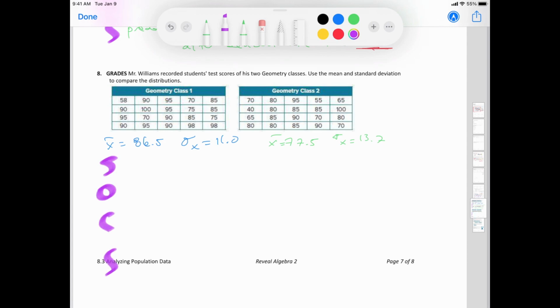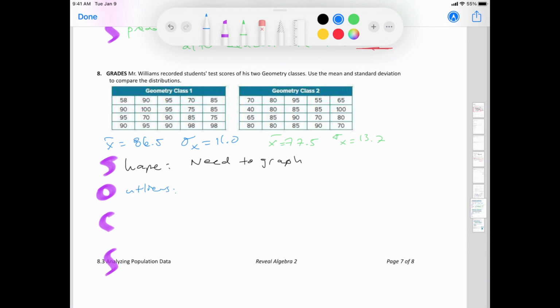Okay, this one we don't have for our shape. You can get a dot plot. I haven't taught you that yet, but for now, we would just do a dot plot by hand. So you can try it. Need to graph the distribution. Any possible outliers?